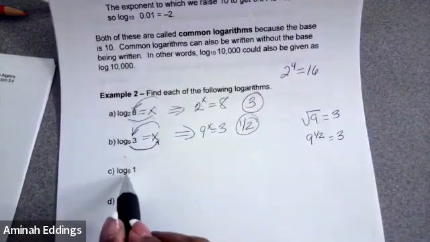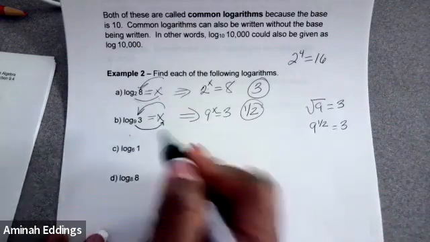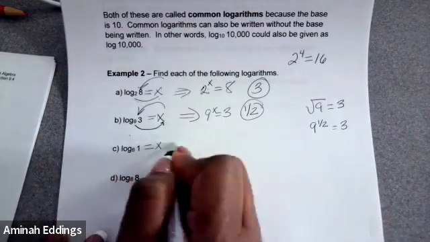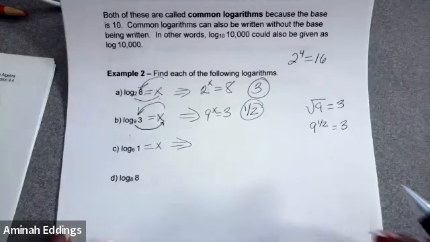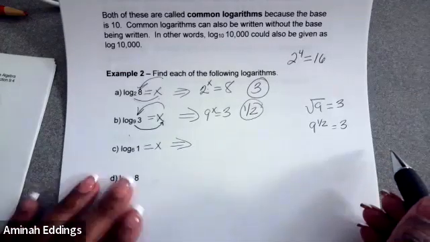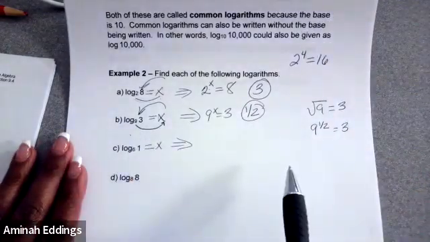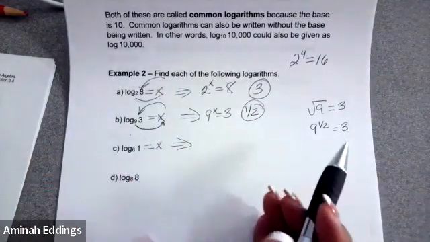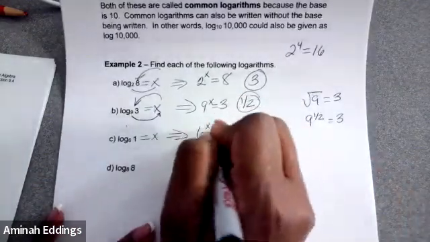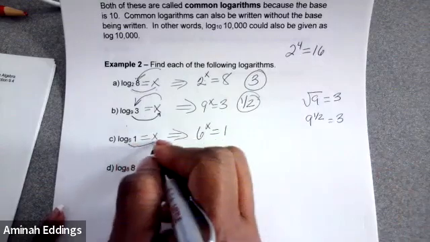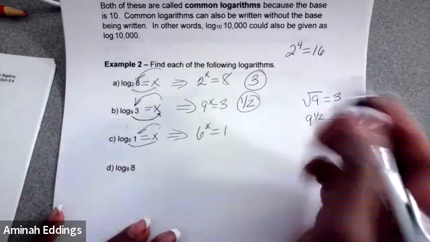All right, so let's set this one up. Log base 6 of 1. If we want to solve that, let's put it into exponential form. What's my base? 6 to the x power equals 1. Good. 6 to the x is 1. And 6 to what power is equal to 1?